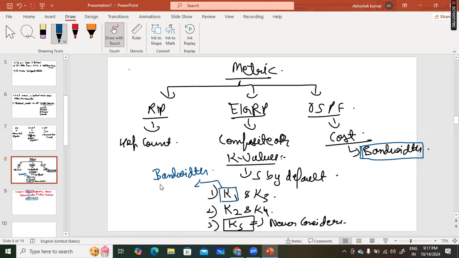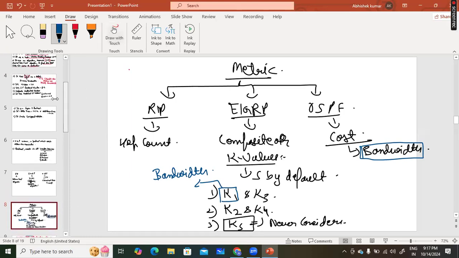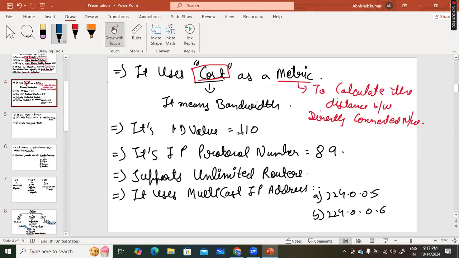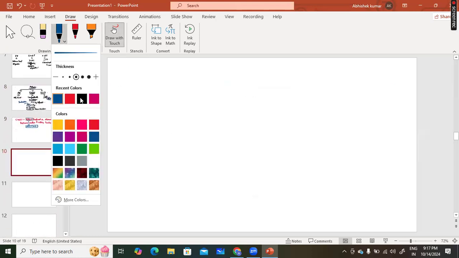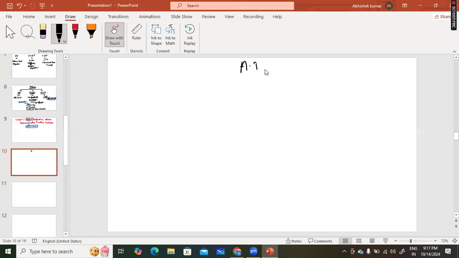Okay, now let's move on to the next point. Its AD value is 110. So now tell me the AD values of the rest. What is the AD value for RIP? 120.